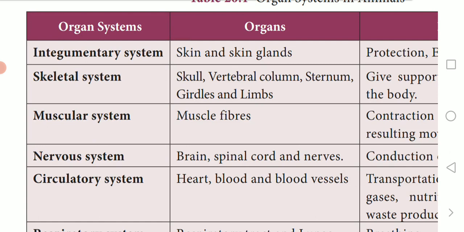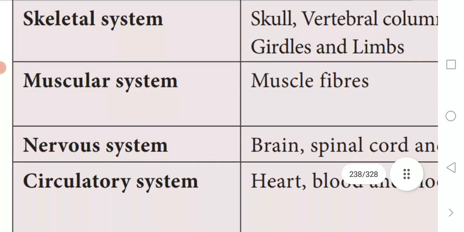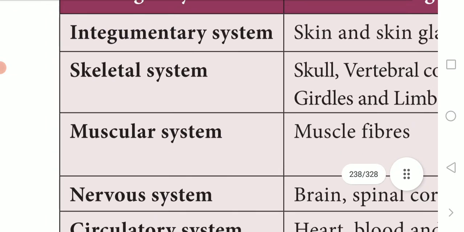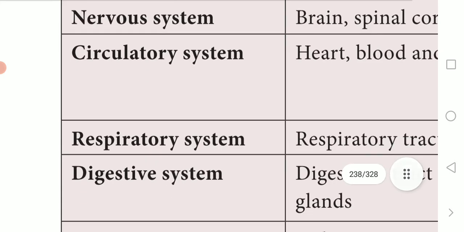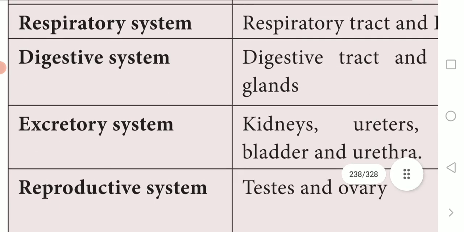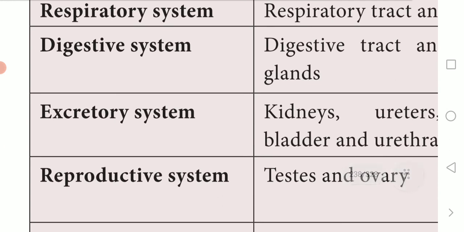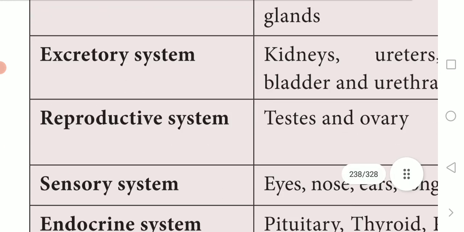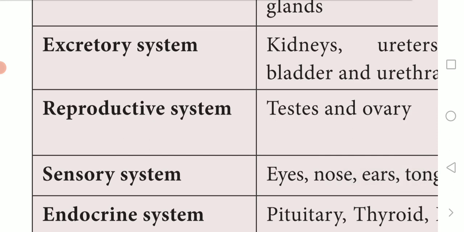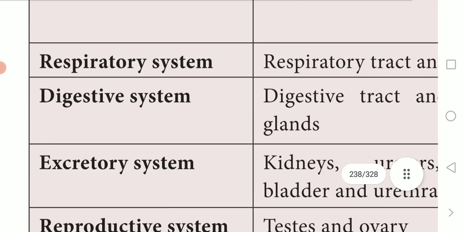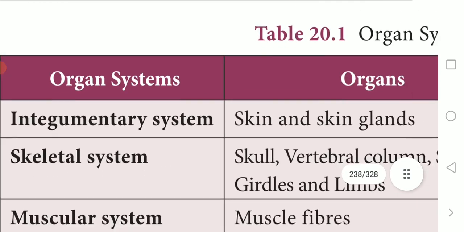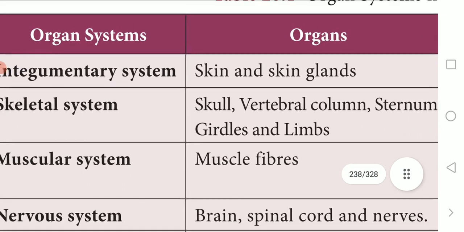Integumentary system, skeletal system, muscular system, nervous system, circulatory system, respiratory system, digestive system, excretory system, reproductive system, sensory system, endocrine system. So these are the organ systems present in our body. We are going to see them one by one.